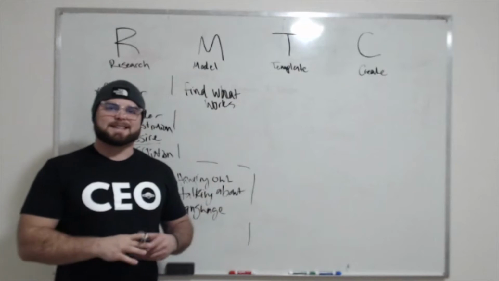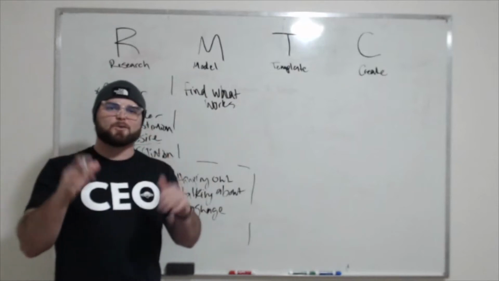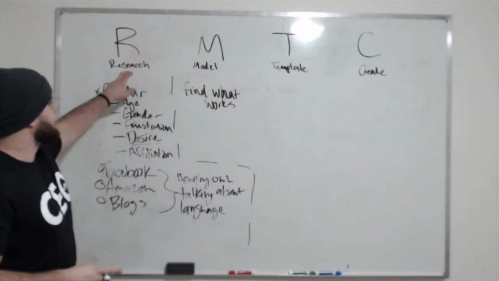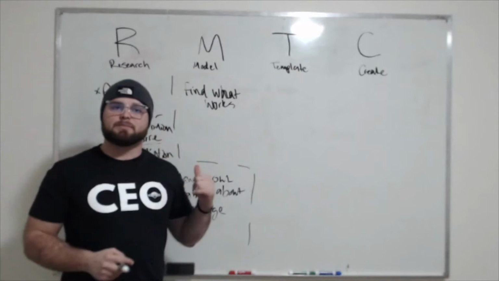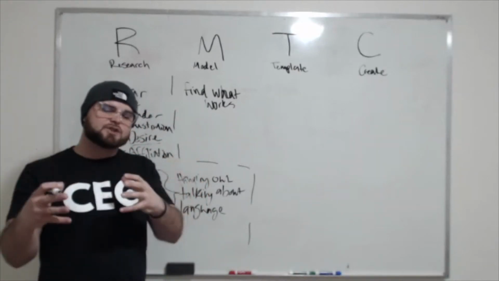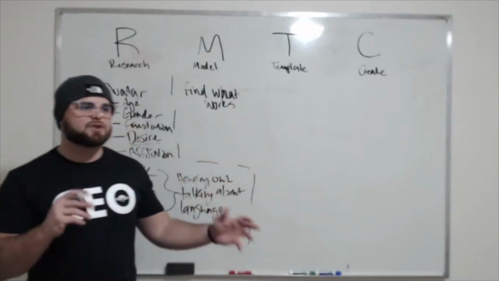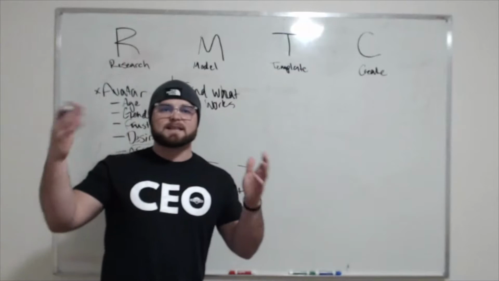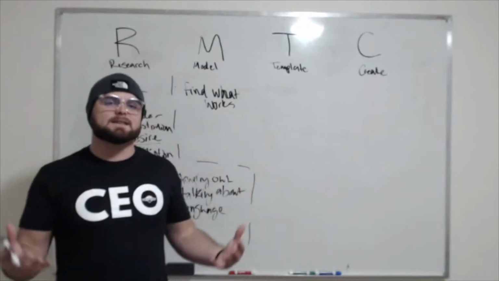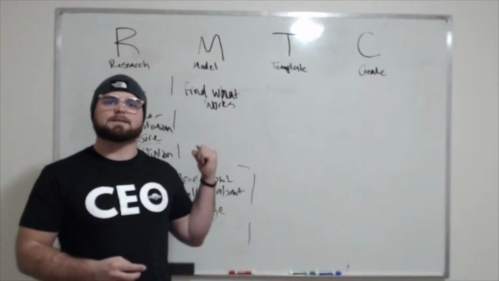You want to model success. You don't want to reinvent the wheel. When you do your research, you're going to want to look at other people that are in your industry, or in subcategories of your industry, or maybe not even in the same vertical. You don't even have to be in the same industry to find something that works.